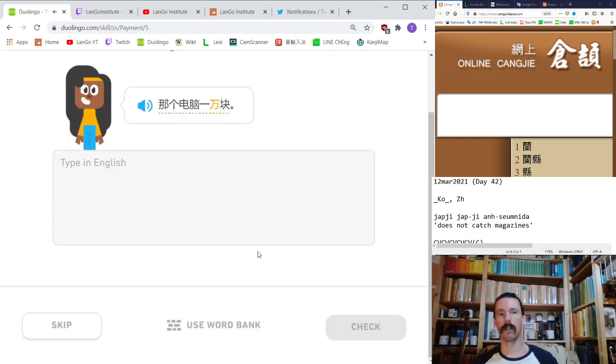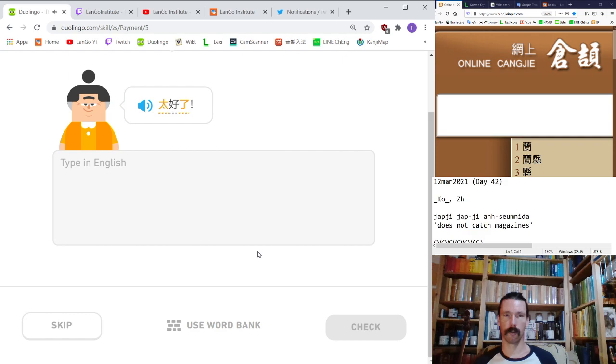那个电脑1万块。That computer is 10,000 yuan. 太好了。That's great.